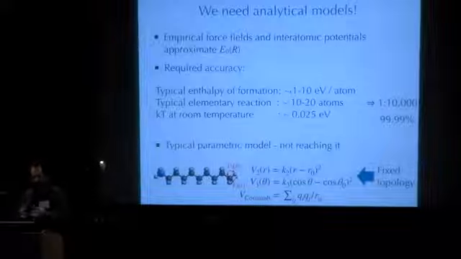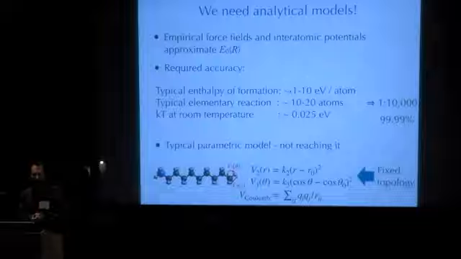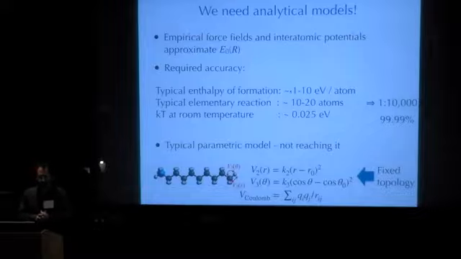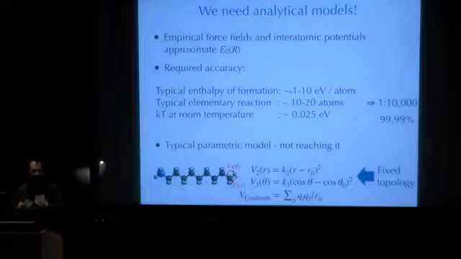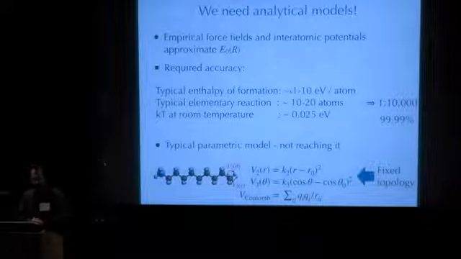So if you multiply and divide those numbers in the right way, about 100 eV divided by 0.025, you get about 1 part in 10,000 as the minimum required accuracy. So we're going to need to fit this E0(R), which we can calculate for selected examples at some cost, minutes or hours. We need to fit it with 99.99% accuracy to actually get the right physics.